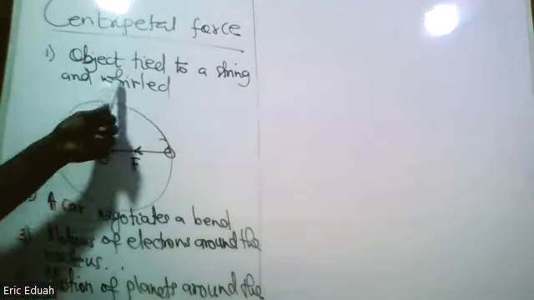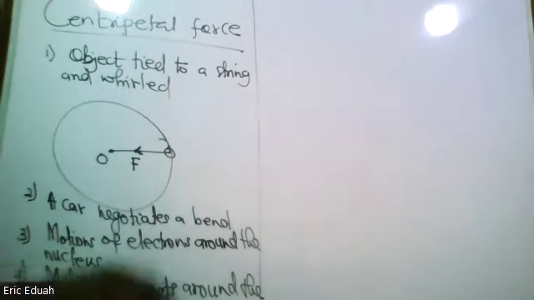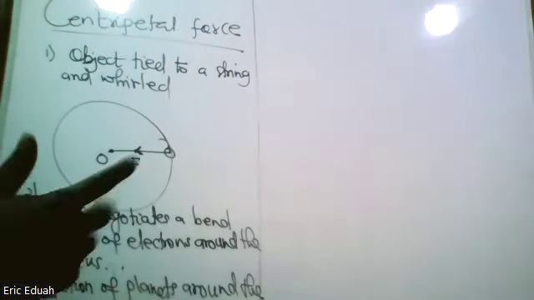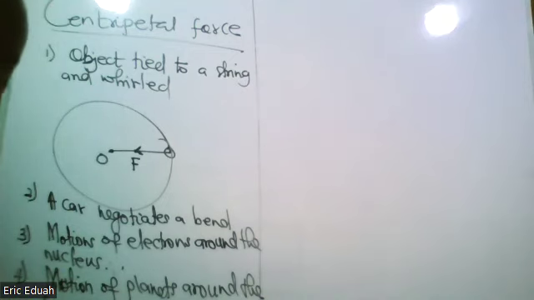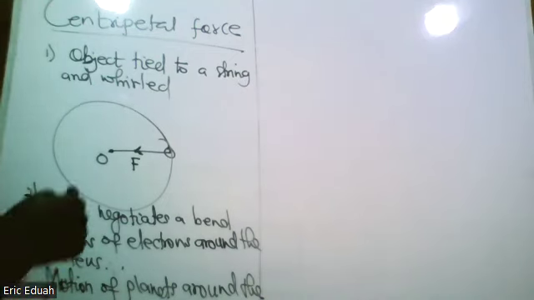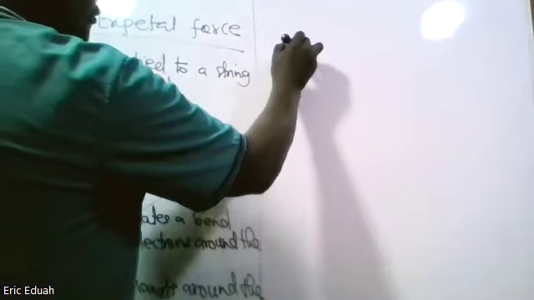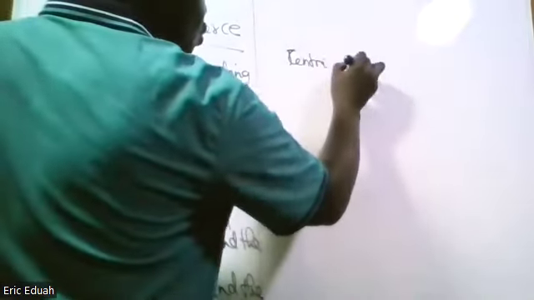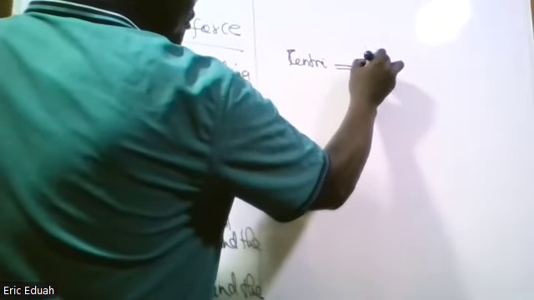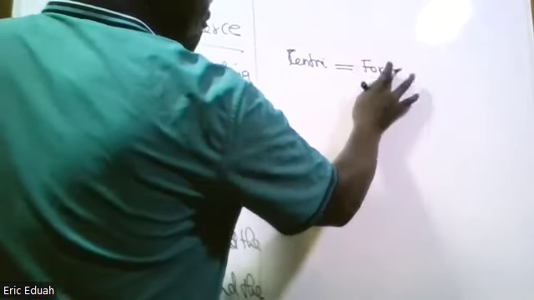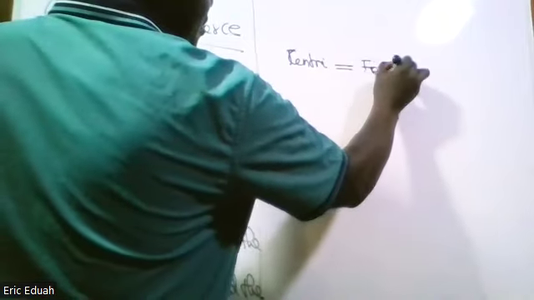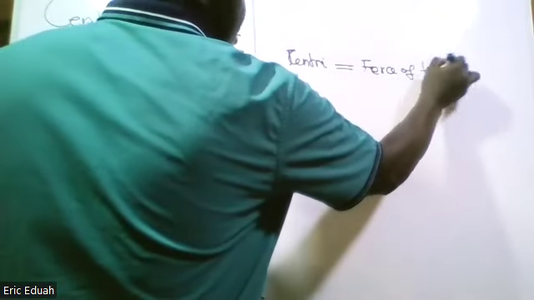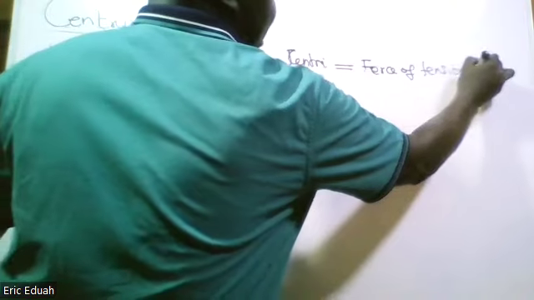So when a body, for example a stone, is tied to a string and whirled, the centripetal force F, we say, is equal to the tensional force within the string, or force of tension within the string.